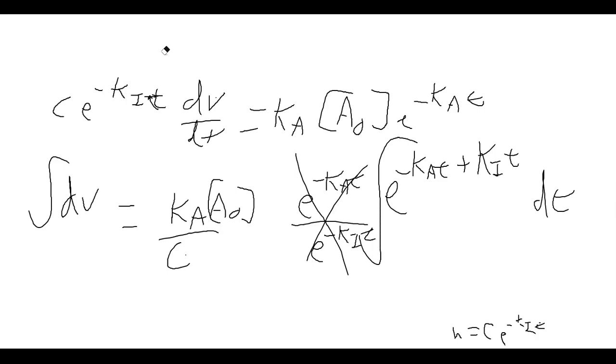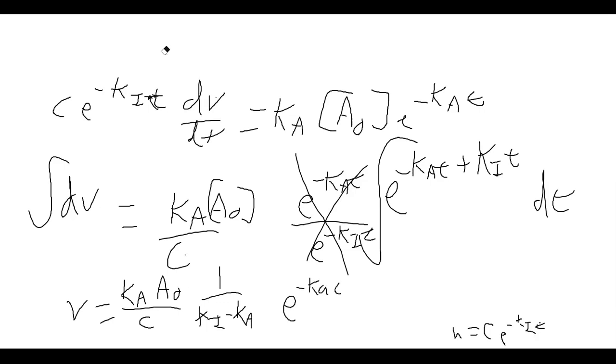So v becomes ka a sub 0 over c, as a constant c, 1 over ki minus ka, e to the negative ka t plus ki t, plus another constant d now.